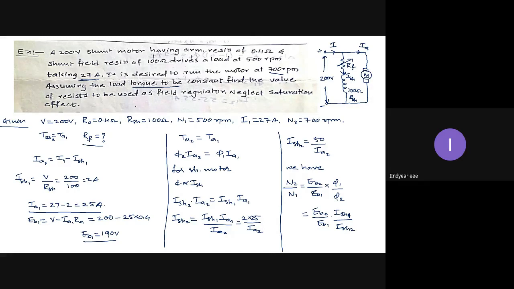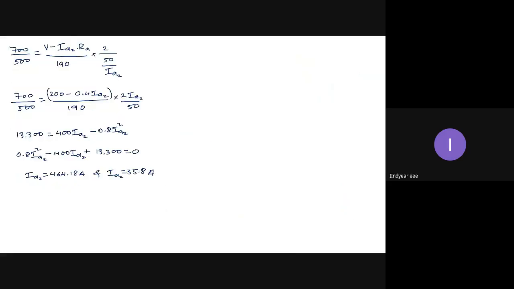Torque is kept constant, but armature current cannot vary to that large value. So therefore, IA2 is equal to 464 is not the current to be chosen. Therefore IA2 is equals to 35.8 amperes.